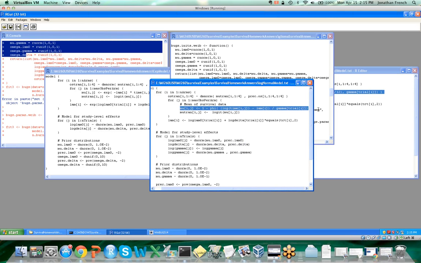The log normal model says that the log of the survival times would follow a normal distribution with some mean and variance or standard deviation. And the mean on the log scale will essentially determine where the median is on the non-log scale, on the raw time scale.